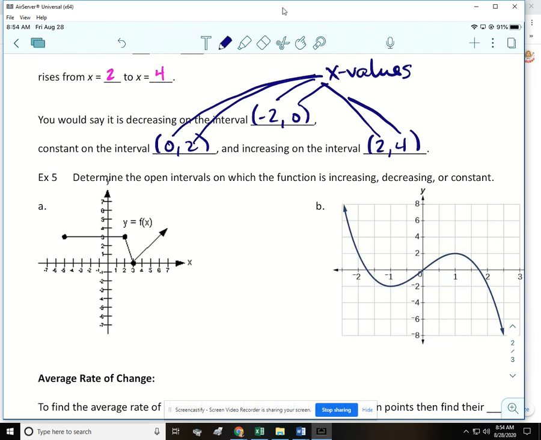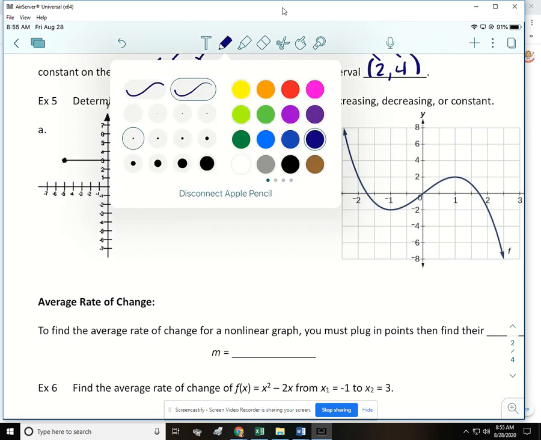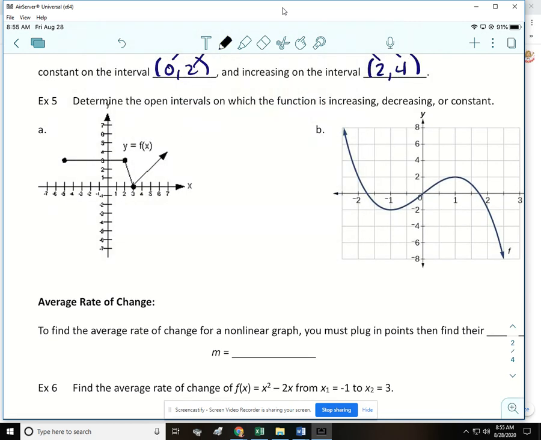So let's look at a couple of examples. Now I'm actually going to change this graph a little bit. So on this A, we're going to draw an extra little line.